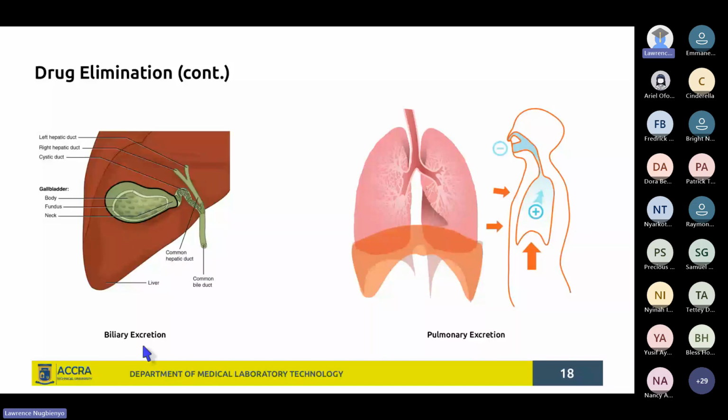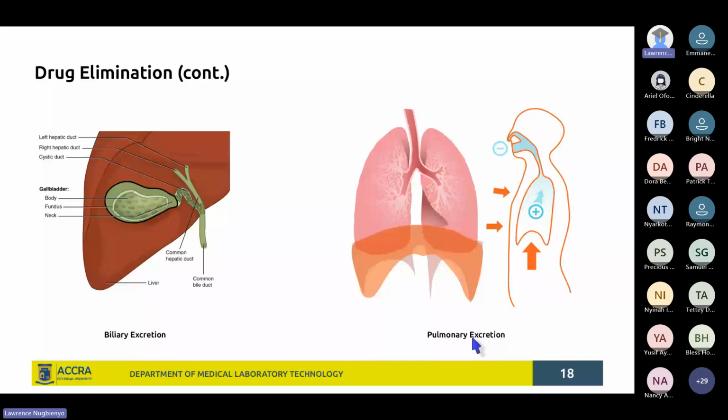That is what we refer to as biliary excretion. Some substances, we saw, get excreted through exhalation, through the nostrils as gas. That we refer to as pulmonary excretion.